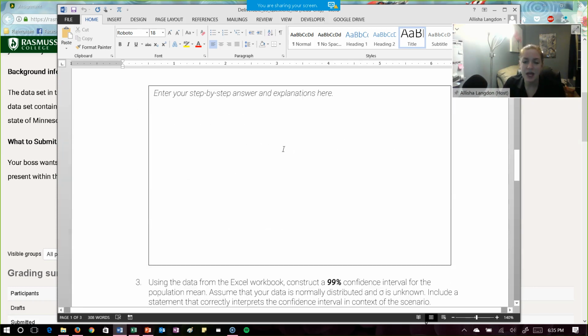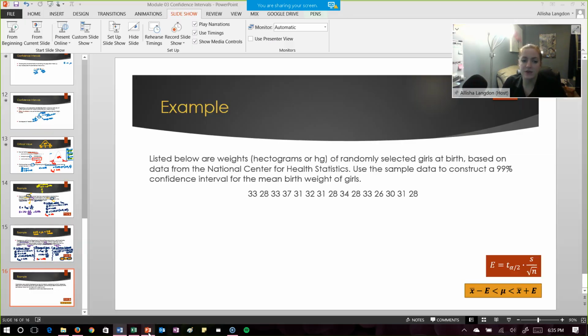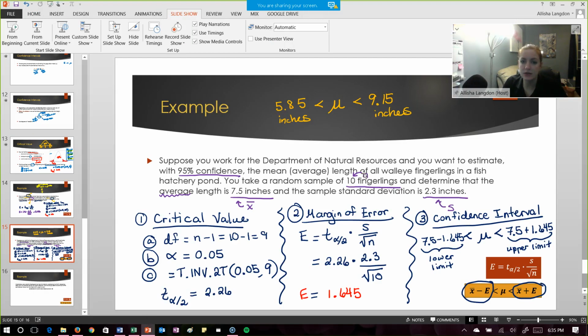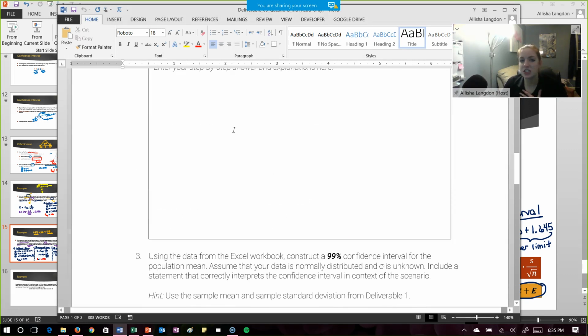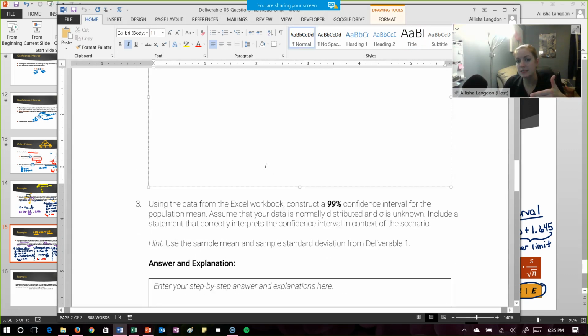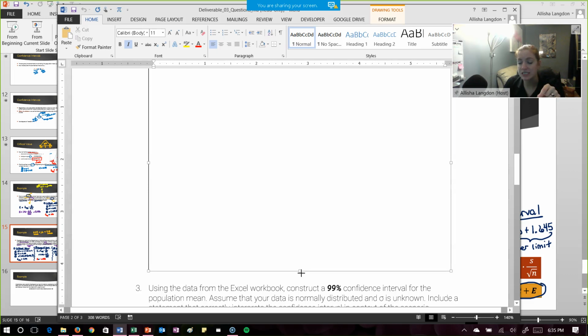Up to you. So number 2, you're going to be constructing that 95% confidence interval like we did here, the confidence interval that we talked about. My suggestion is to show all your steps. If this box is not large enough, feel free to grab that tab and expand it.